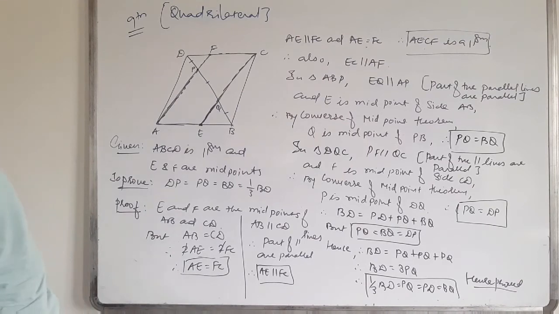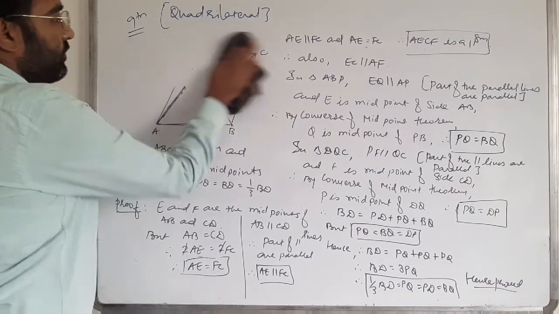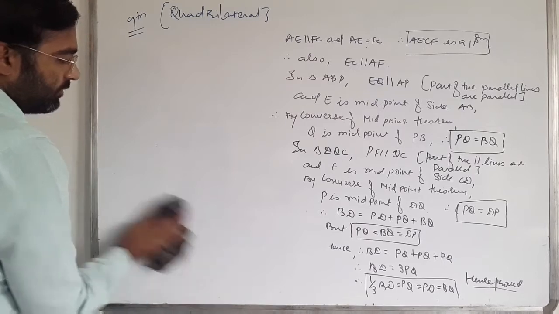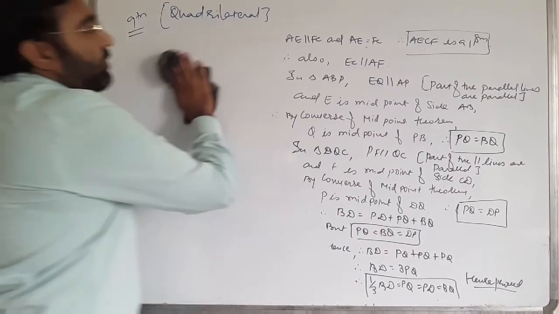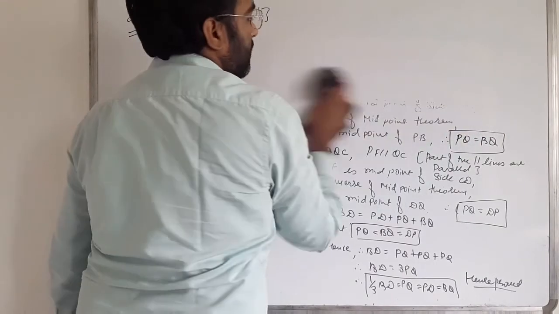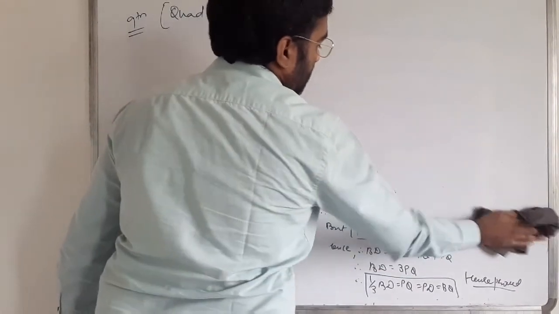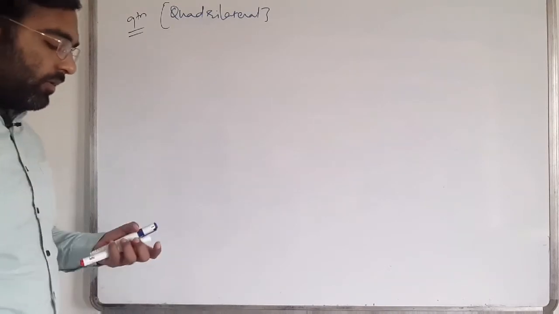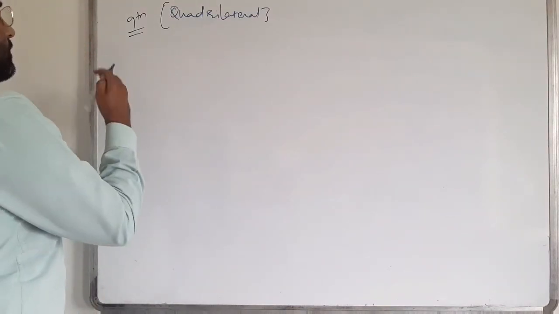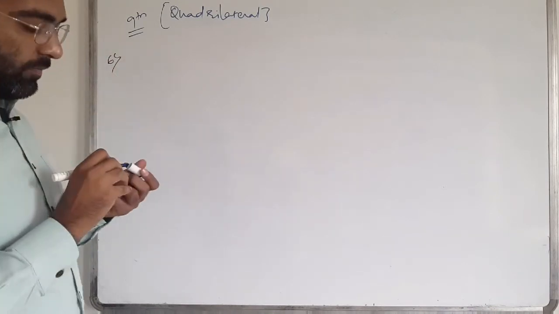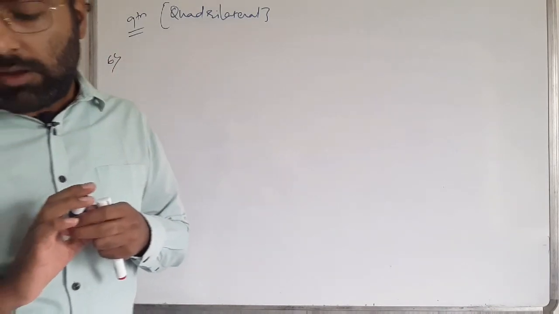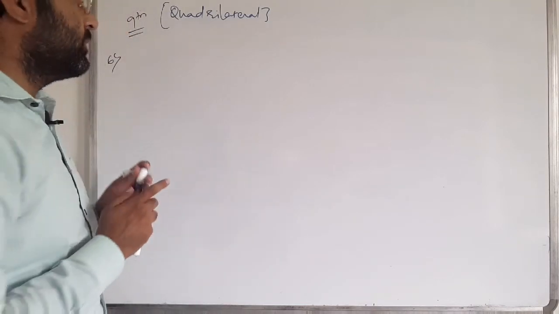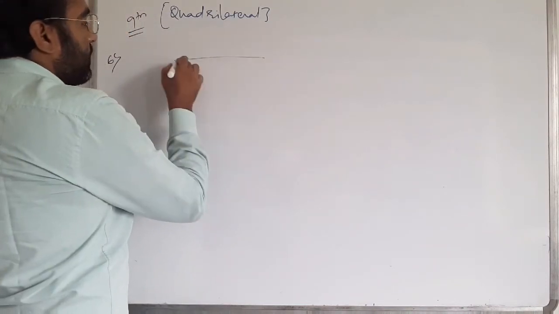Clear? Now we are moving to question number 6. In question number 6, show that the line segments joining the midpoints of the opposite sides of a quadrilateral bisect each other. Here the quadrilateral is given.